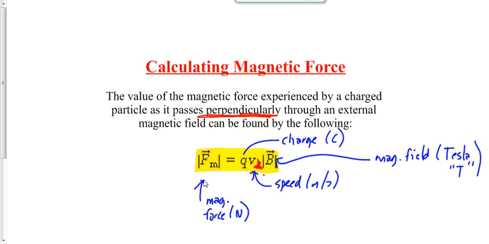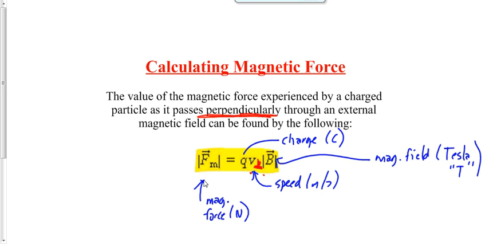They must be perpendicular. This equation isn't valid if they're not perpendicular, any more than the hand rule for deflection is valid if they're not perpendicular. In other words, we can only do problems, both magnitude and direction, where the charged particle is moving perpendicular to the field.